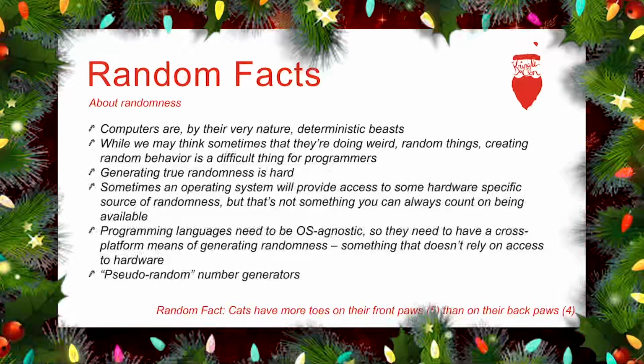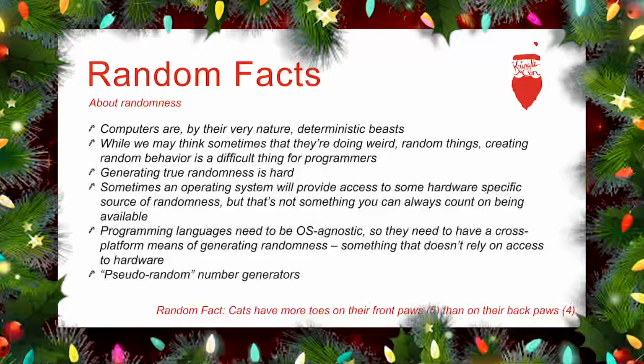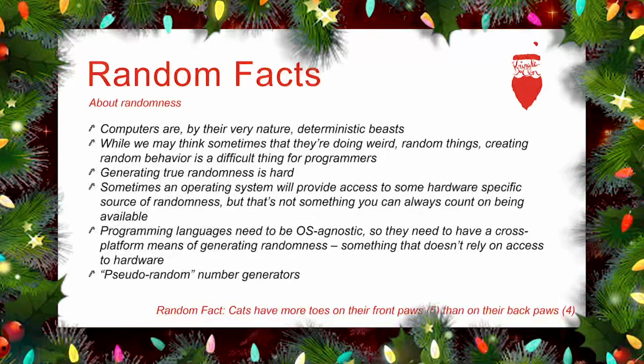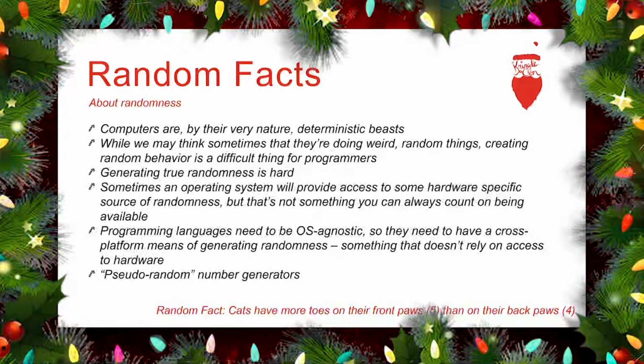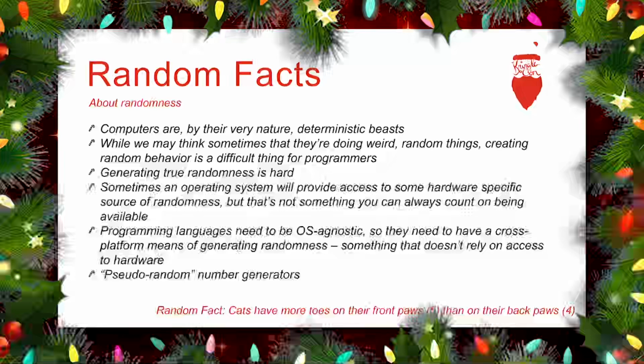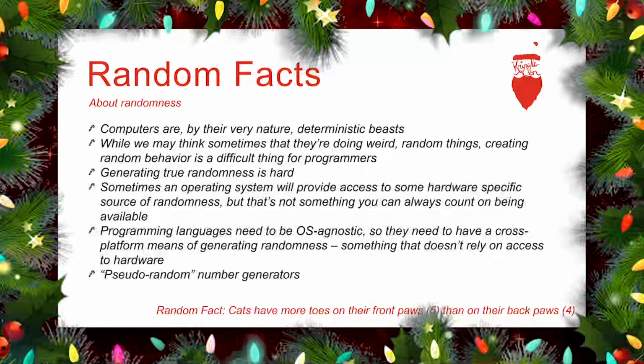When developers are creating programming languages, they try to be very OS or system agnostic, so they don't have any good cross-platform means to generate true randomness or access hardware that would give them access to it. So most programming languages have some sort of pseudo-random number generator.